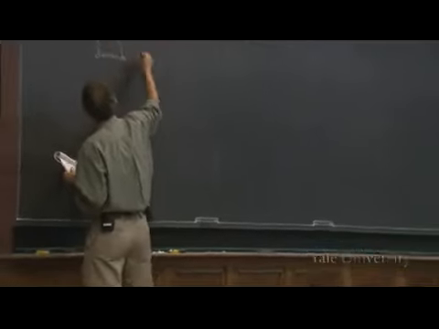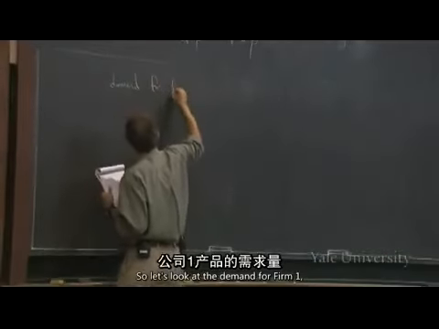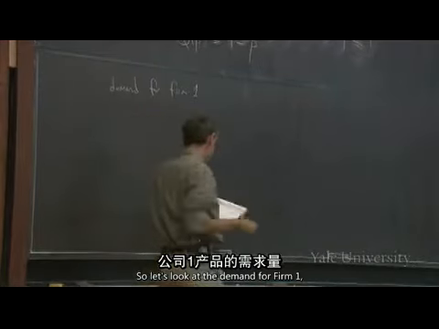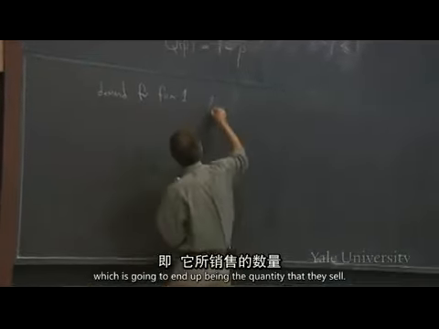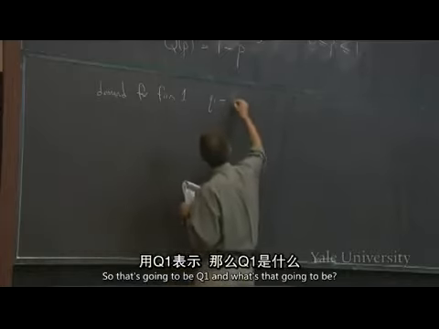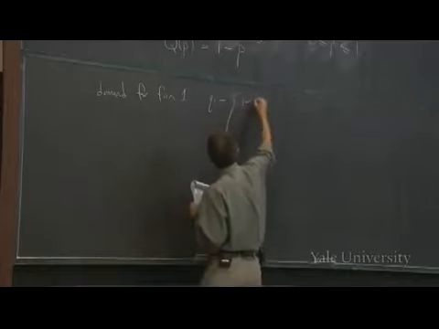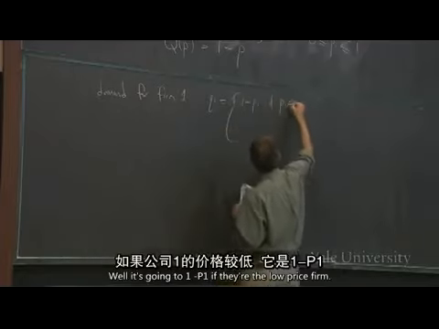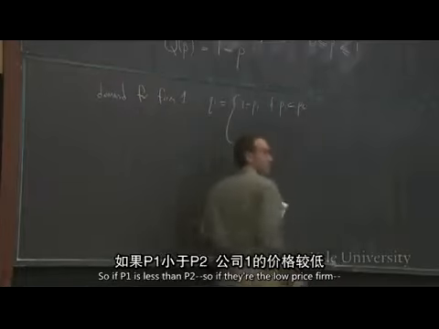So let's look at the demand for firm 1, which is going to end up being the quantity that they sell. So that's going to be Q1. And what's that going to be? Well, it's going to be 1 minus P1 if they're the low-price firm, so if P1 is less than P2.